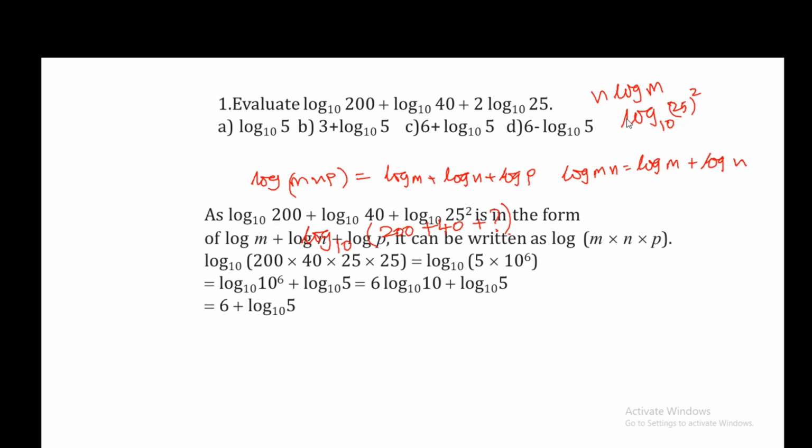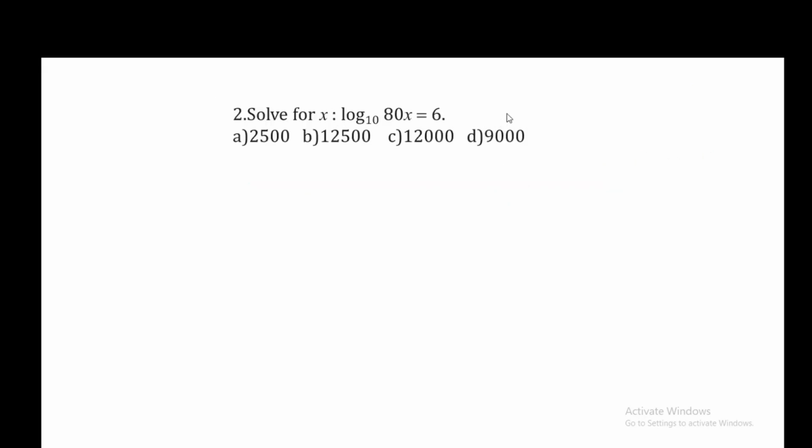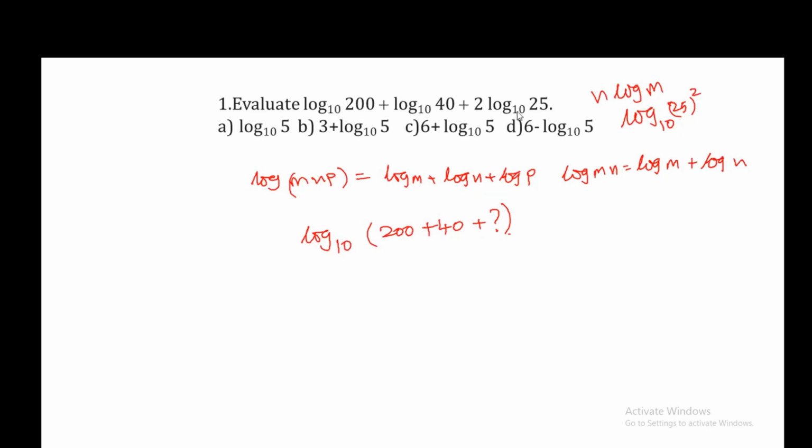See here. So, as log base 10, 200 plus 40 plus 25 square. Here, see this third one. They have used n log M. So n log M means log base 10, 25 square.